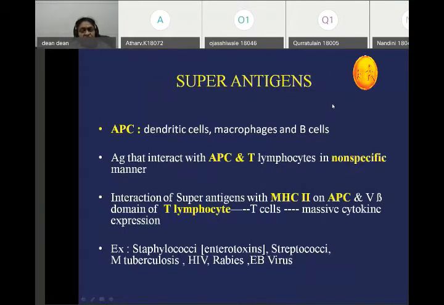Some organisms produce superantigens. What are superantigens? Antigens that react with the antigen presenting cell and T lymphocyte in a non-specific manner.